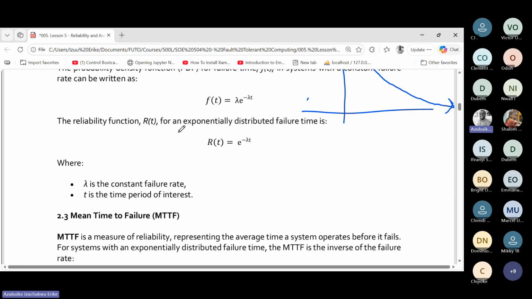Now, lambda is the constant failure rate, meaning that it constantly decays. t is the time period of interest. So as time goes, we see that the reliability of a system decreases.